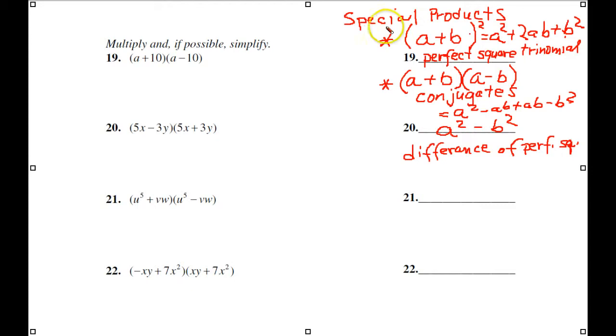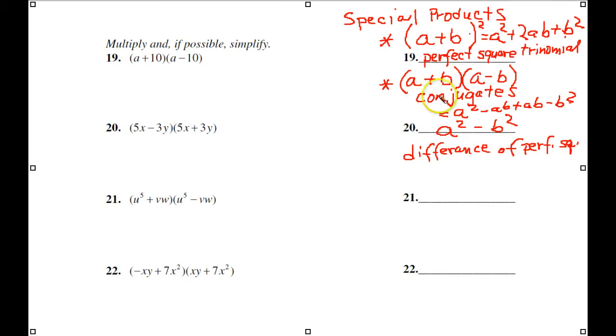Now, another special product is this one, where we have the sum, which is a plus, and the difference of the same terms. So the product of the sum and difference of the same terms, and these, by the way, have a special name.